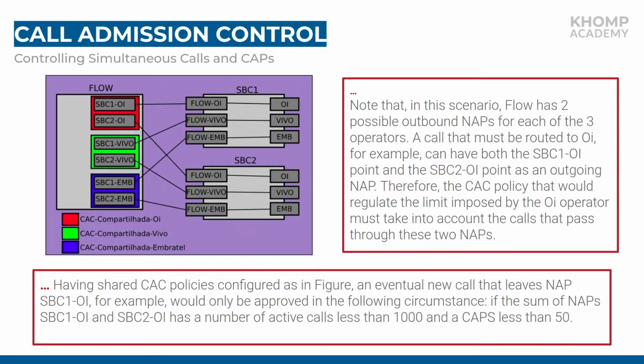In this scenario, Flow has two possible outbound NAPs for each of the three operators. A call that must be routed to Oi, for example, can have two different routes. It can go to SVC1 Oi, or this call could go to SVC2 as an outgoing NAP.